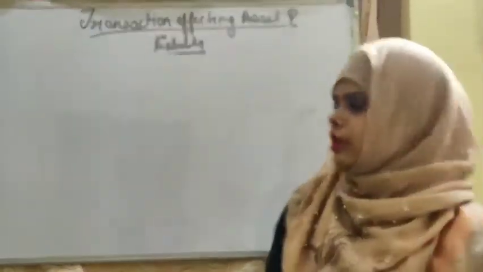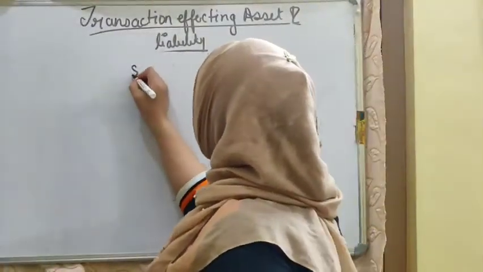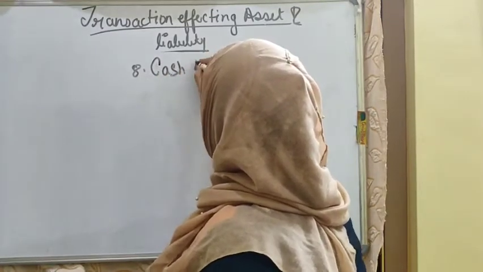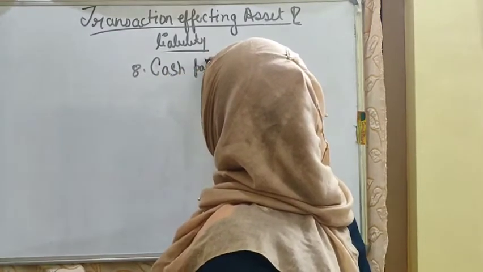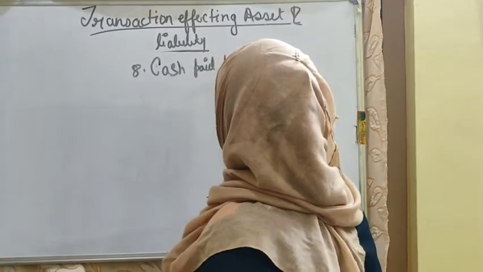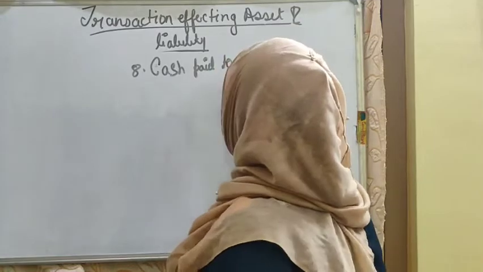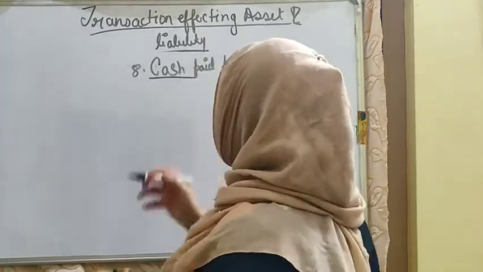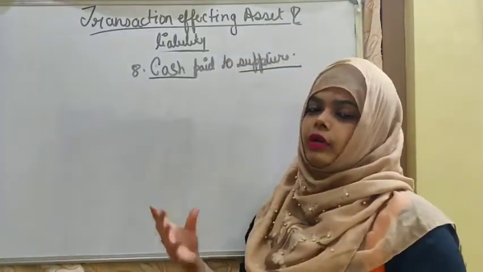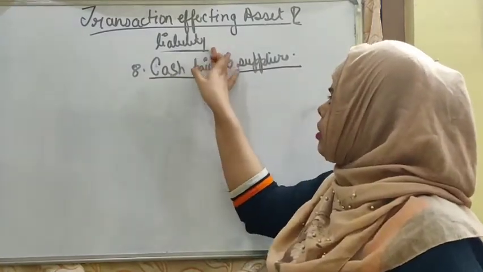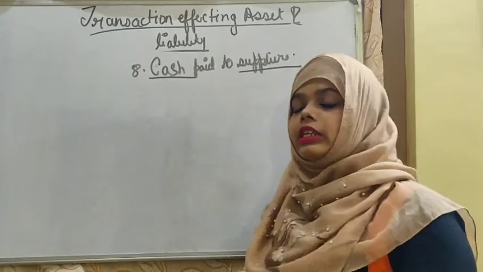The eighth one is cash paid to suppliers. Cash paid is a part of the asset, and suppliers come under the part of liability.